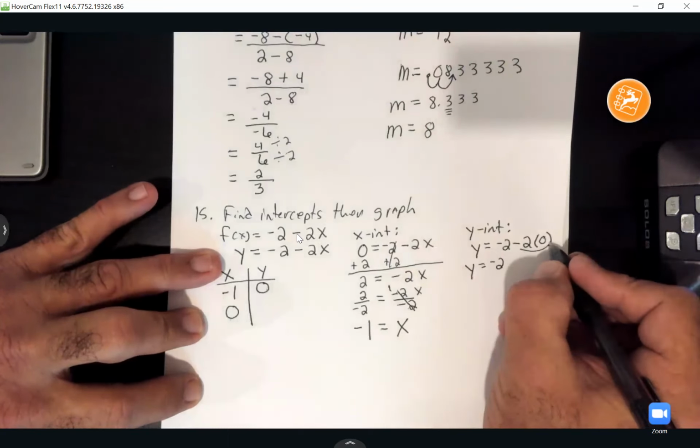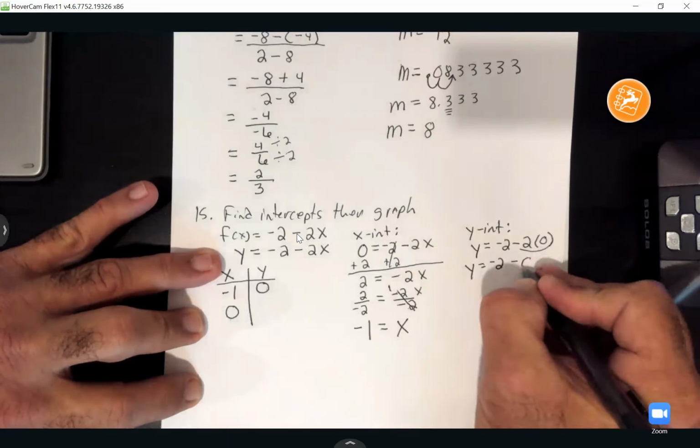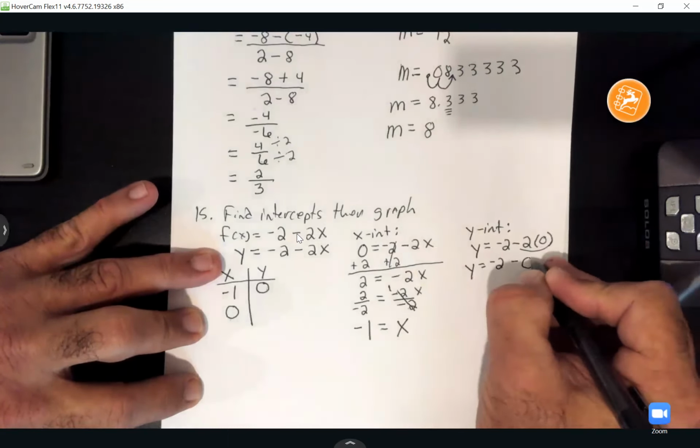Right here, if you multiply, 2 times 0 is 0. And I finally get -2 minus 0, which is a -2. So when x is 0, y was -2. So I now have 2 points. This one will be on the x-axis. This one will be on the y-axis. So y'all, let's go plot those and see what we get.